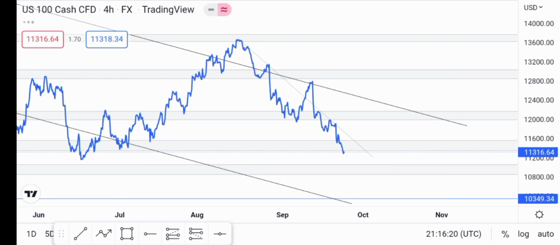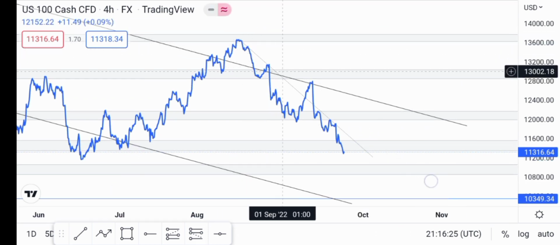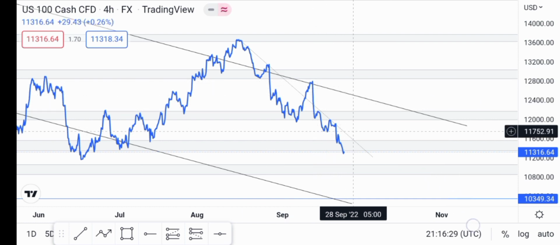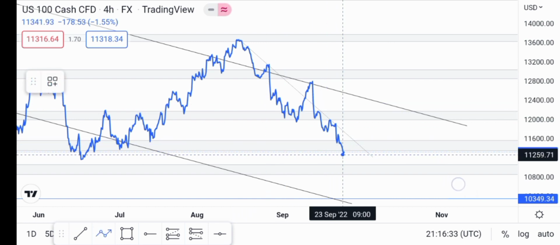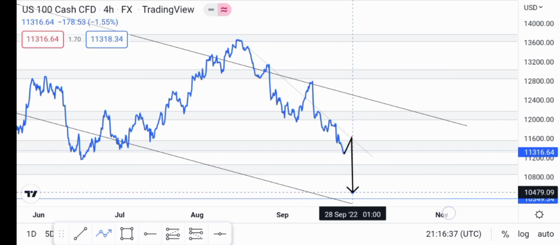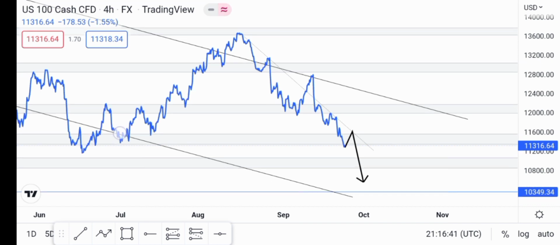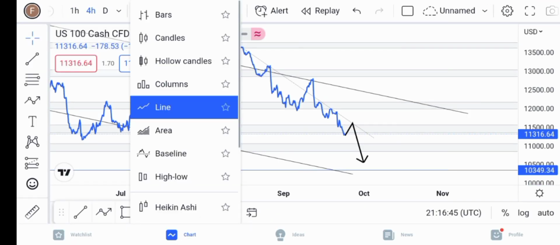As you can see by the bodies of the candlesticks, first touch, second touch, third touch, it did break right over here in order to touch this trend line, and now it's back into this trend line again. So hence, that's why I said there's a possibility that NAS100 could push to this area here before pushing to the lower side. So the overall direction that I'm anticipating on NAS100 is the sellers.